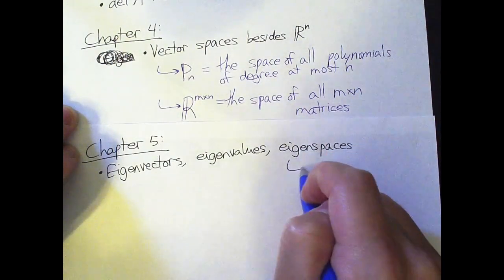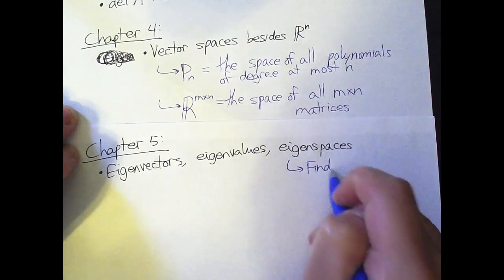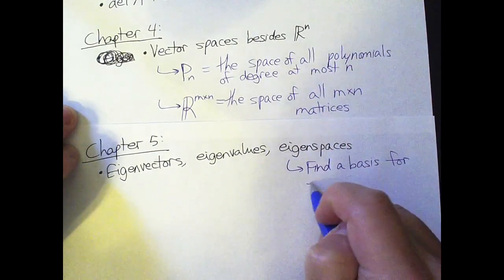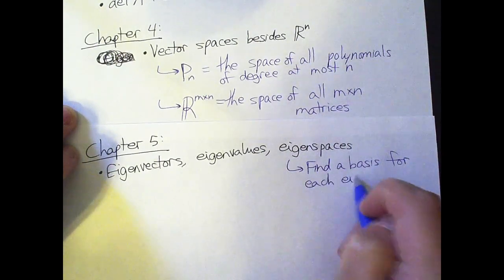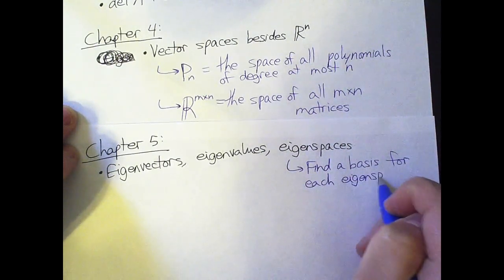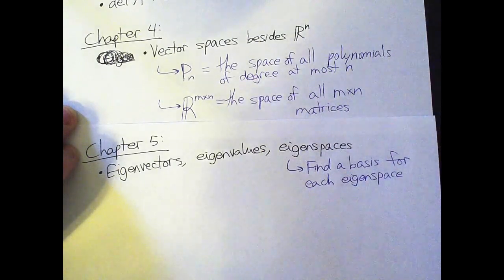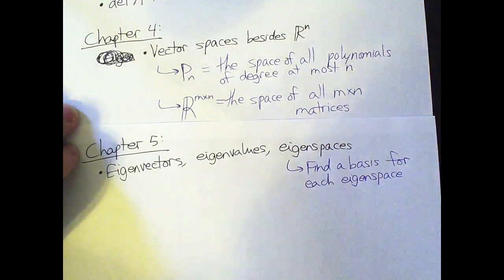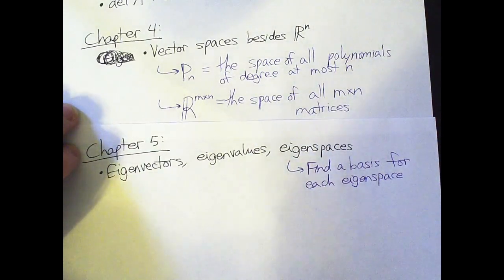And for the eigenspace, usually we want to find a basis for each eigenspace, because finding a basis is the best way to describe an eigenspace. In fact, finding a basis is kind of the best way to describe any subspace, because it's all based on that.